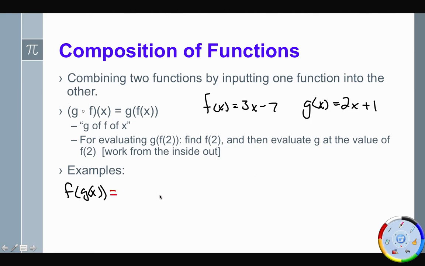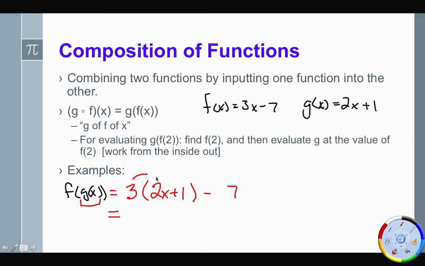So what f of g of x says is let's plug g in place of x. So for the function f, it's 3 times something minus 7. Now normally it's 3x minus 7, but in this case we're going to replace x with g of x. So g of x is 2x plus 1.